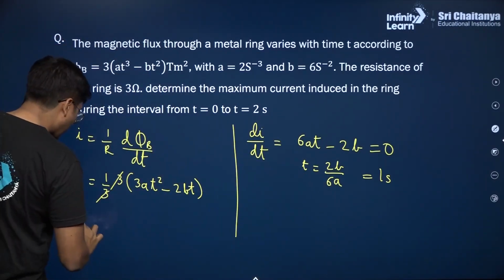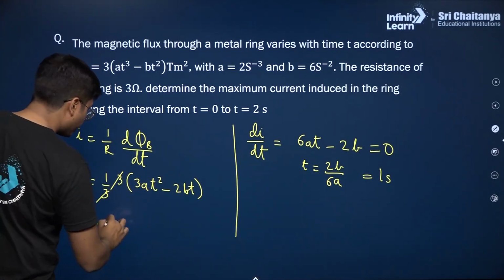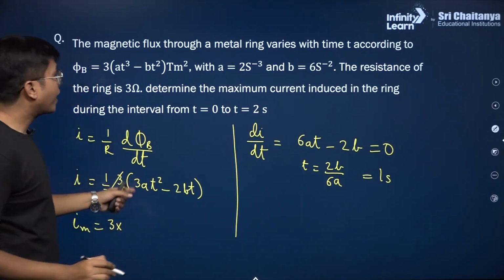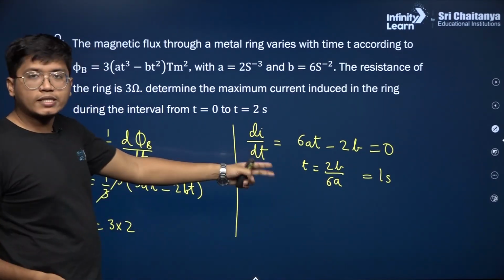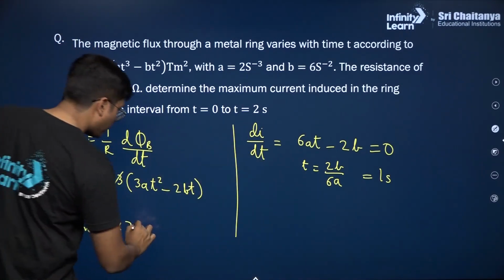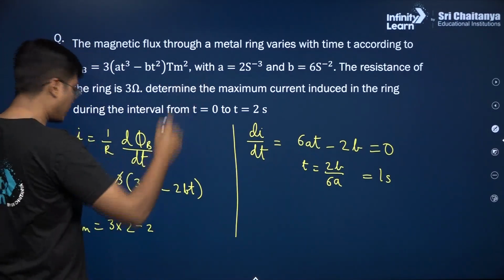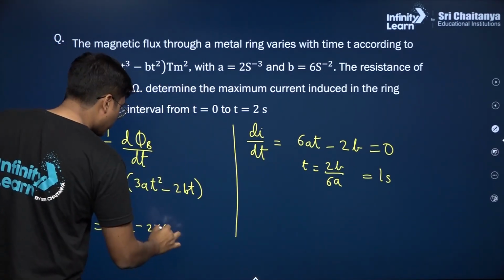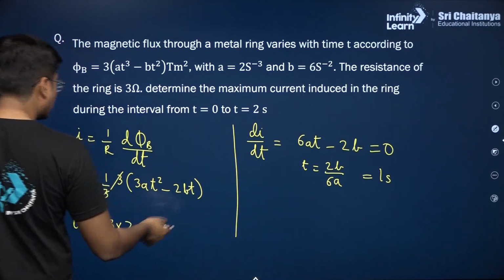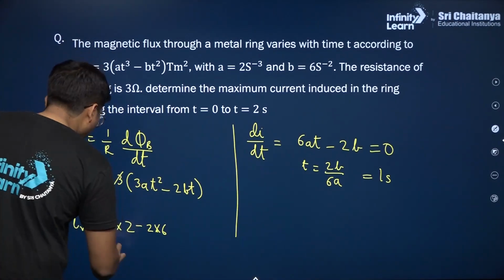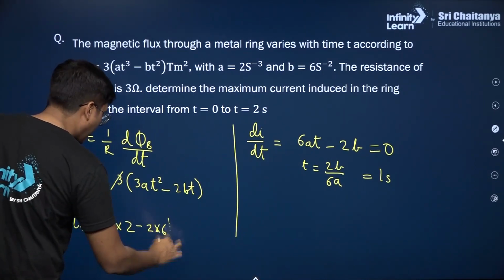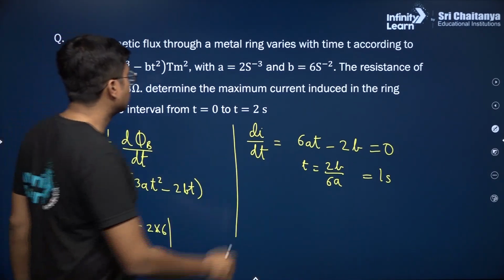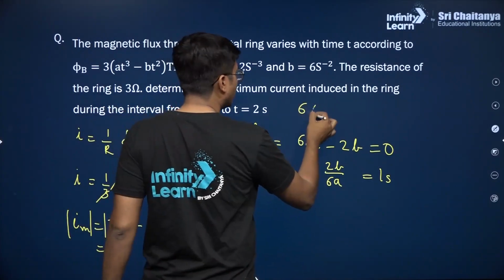So our I max would be equal to 3 into a, which is 2, t square, t is 1 second, minus 2 into b, which is 6. 3 into 2 is 6 minus 12, that's going to be minus 6. We'll keep it because we are finding the magnitude. So the answer is 6. Maximum current would be 6 amperes.